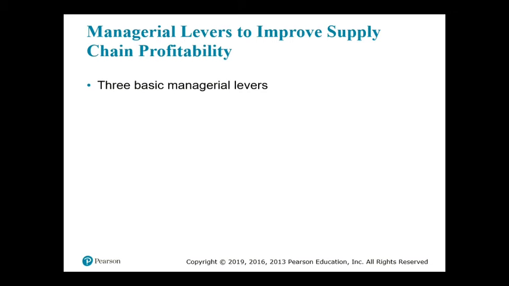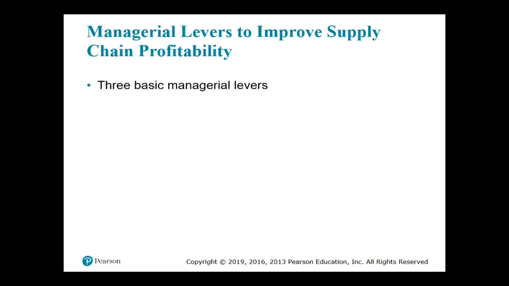Okay, so now that we know that there is an optimal service level that we can determine in order to maximize the total profit for the selling season, what are some managerial decisions that we can make to further improve supply chain profitability?